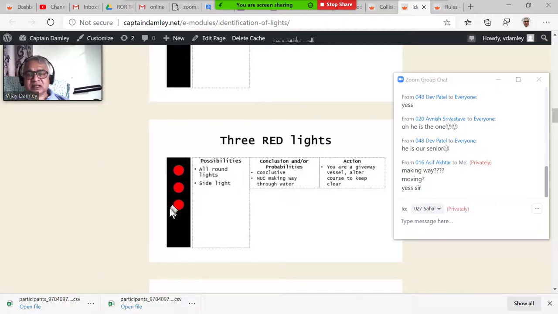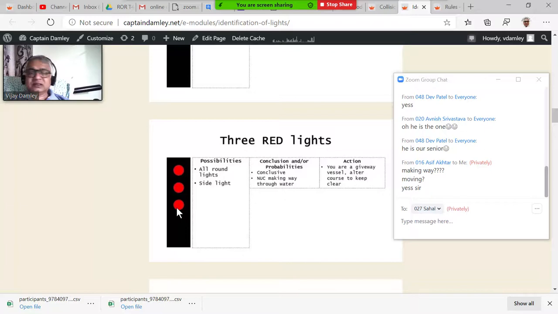So her side light is also seen, and it just happens at an angle where you can see all three like this in a vertical line. If this red light is displaced from here, it is easier. But other than that, what we have got is three red lights in a vertical line.